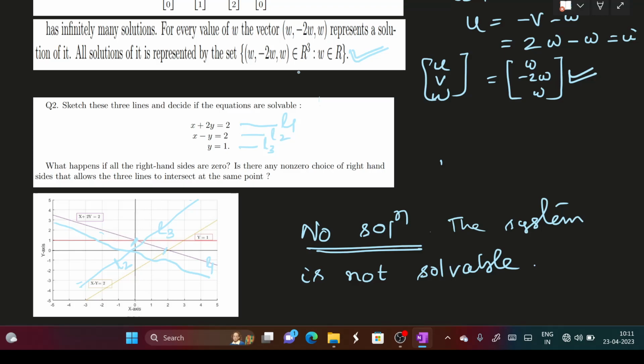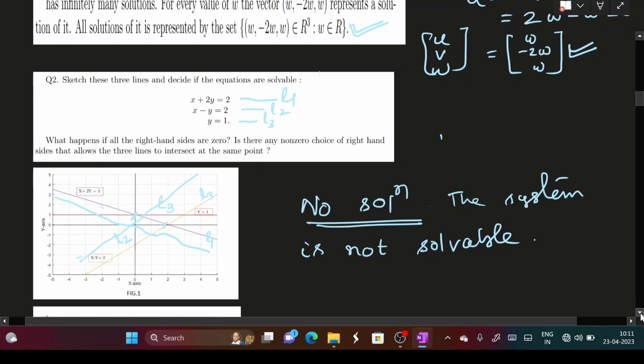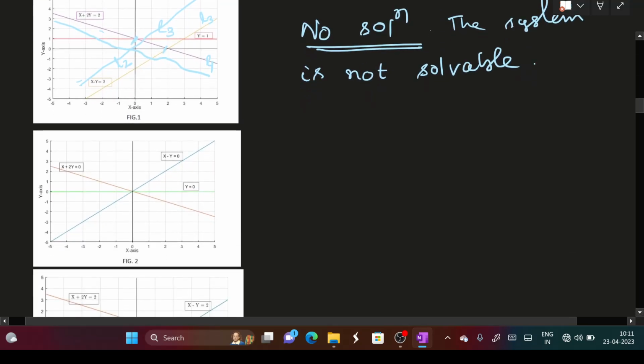Similarly, I'll get another straight line, which is parallel to this L3. It is my L3, just the x-axis. So the new picture will be something like this.